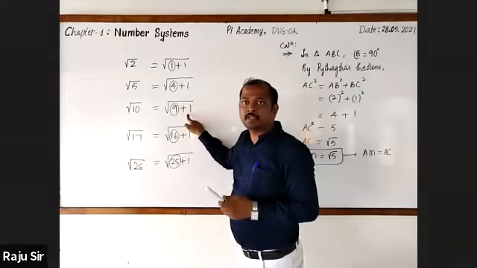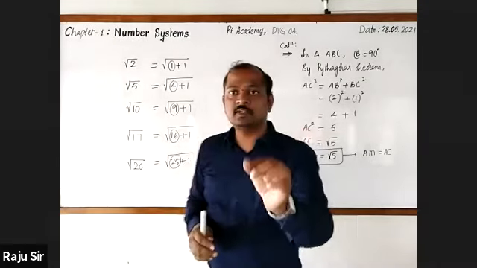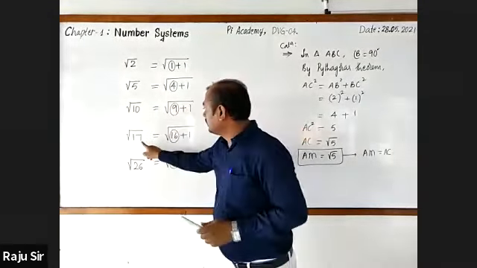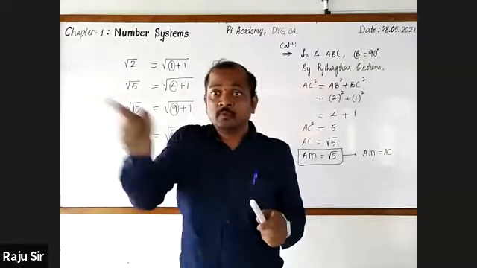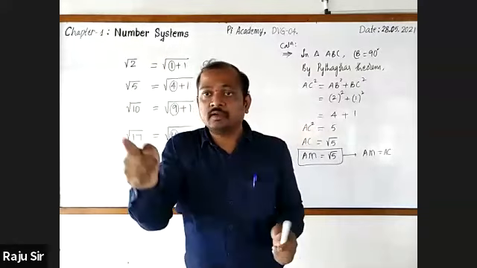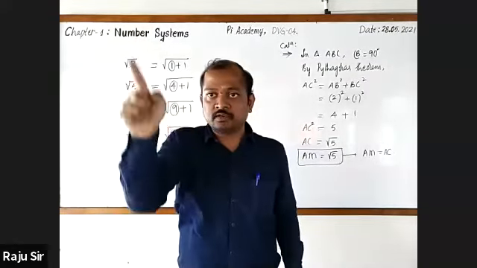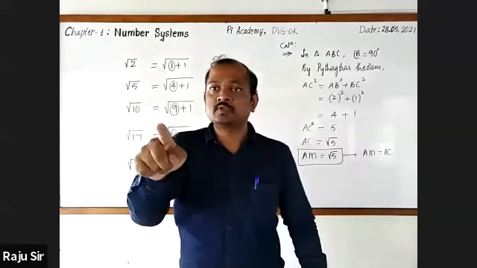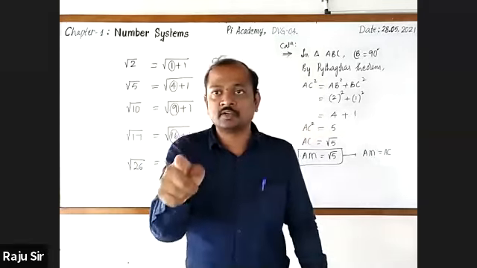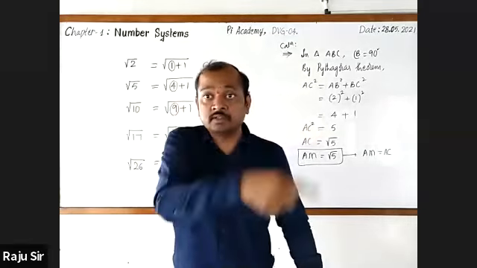Perfect square plus 1. In the examination, if I ask you to represent root 7, root 17 on the number line, will you go for making 16 triangles? It takes much time, no? For root 2, you will use 1 triangle, root 3, second triangle, root 4, third triangle, like this.